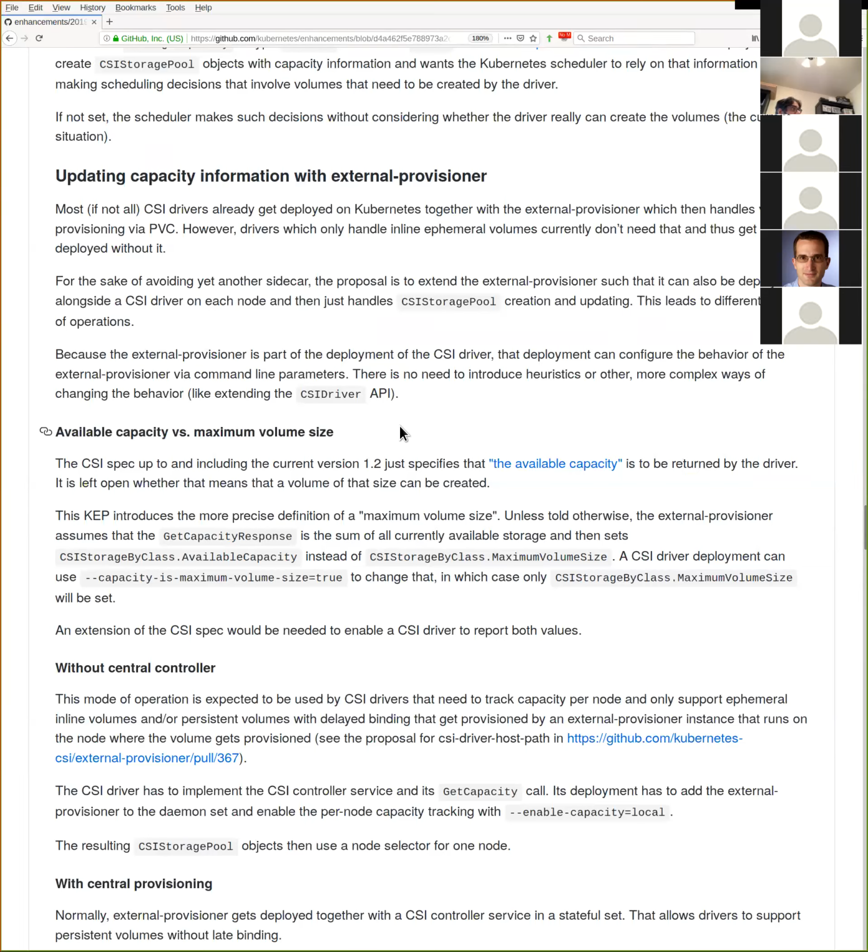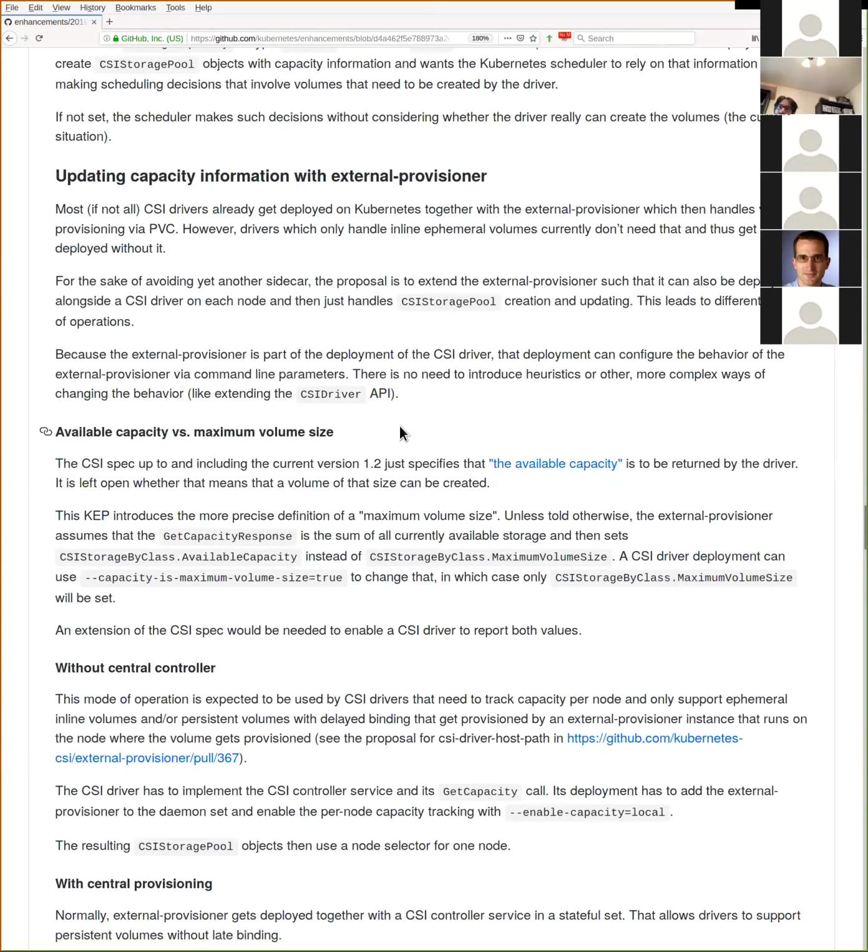There isn't the plan to do any calculation with that size in Kubernetes. What the cap adds is just this available capacity, respectively, the maximum volume size. And those values are calculated by the CSI driver itself. And the difference is available capacity.